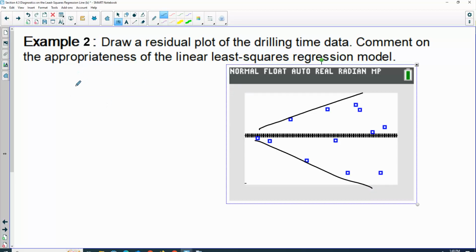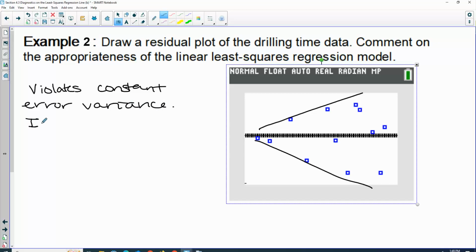So, if we wanted to make a little comment here, I'd say this violates constant error variance. It is less consistent as time goes on.